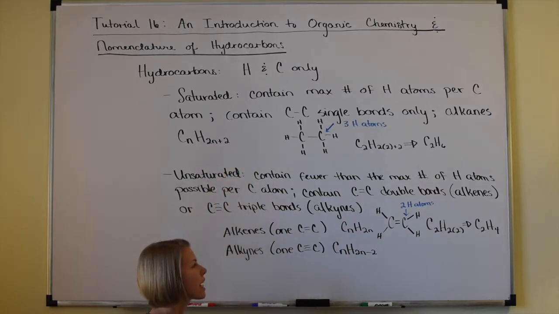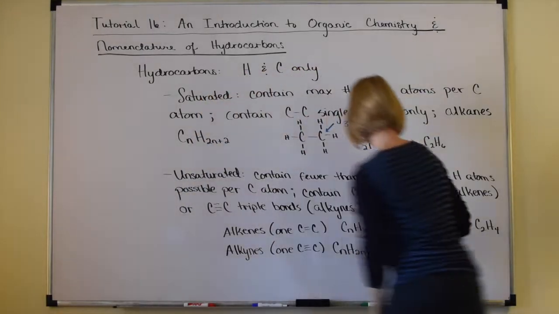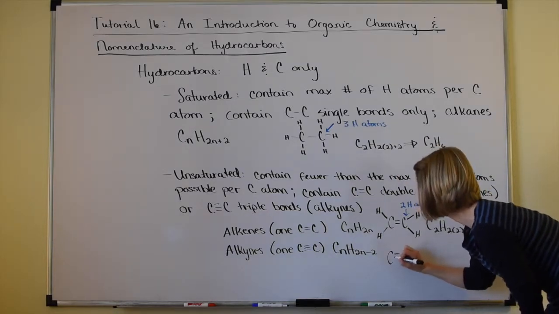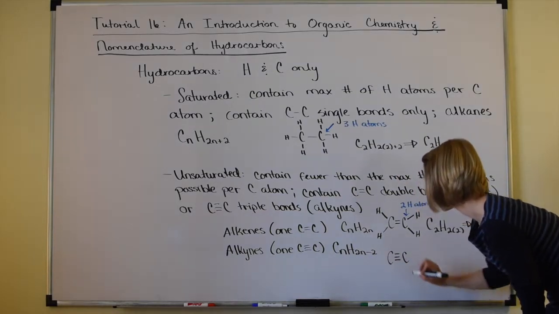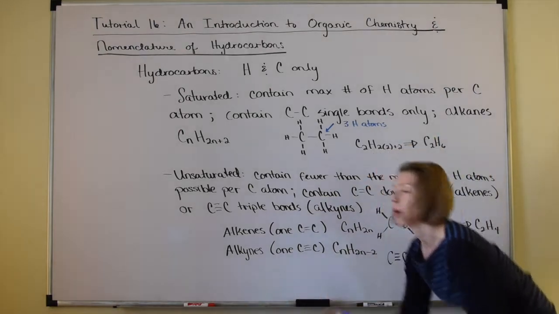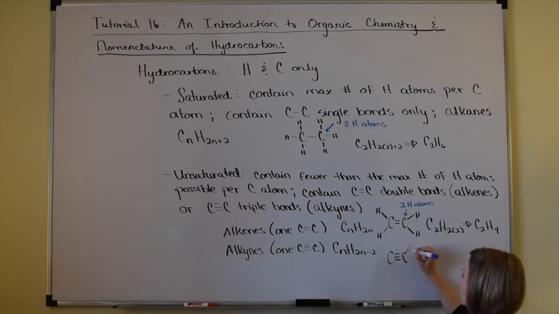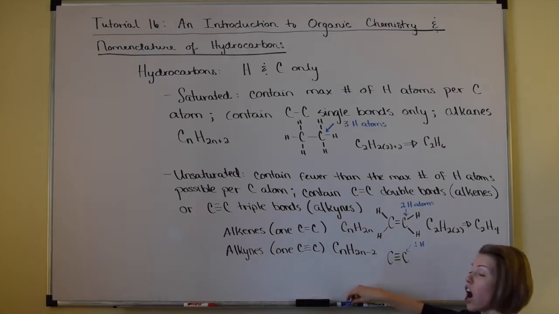Okay. So let's take a look at the alkyne with just 2 carbons, so a triple bond between them. So how many hydrogens can this carbon have? Only 1. 1 hydrogen to achieve octet.